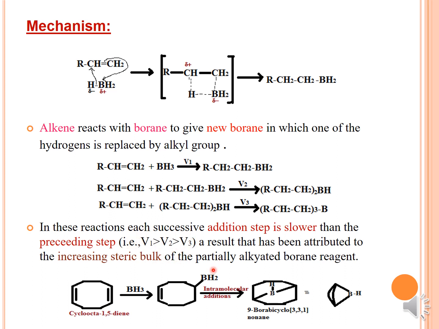Okay, so moving on, if we take cycloocta-1,5-diene and treat it with the borane molecule, one of the alkene groups will reduce to form the BH2 over here. This bond will reduce and you will have the attack of the boron atom, and then you will have BH2 and here CH2.